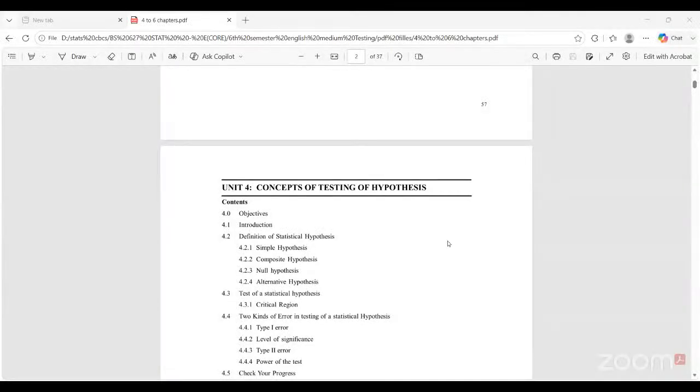See here. Now it is visible. What is the null hypothesis?